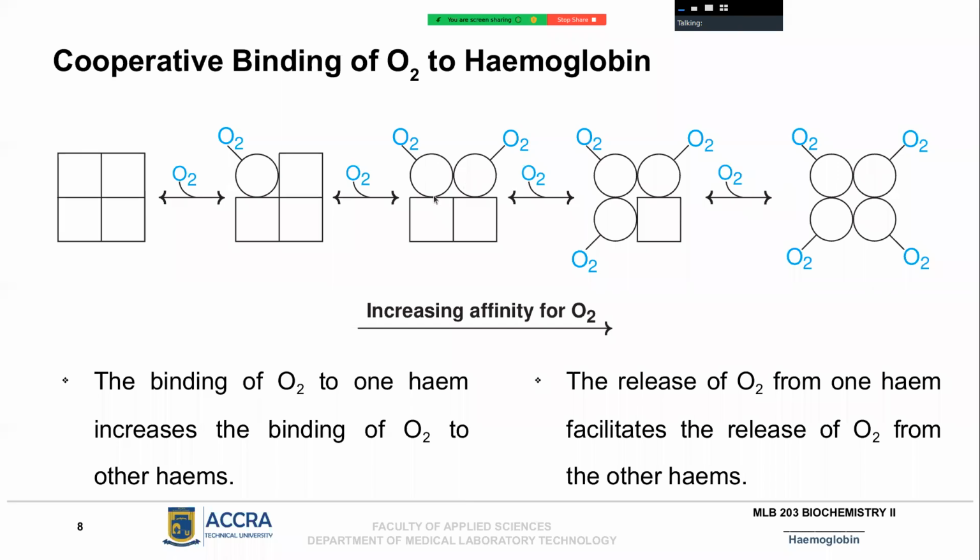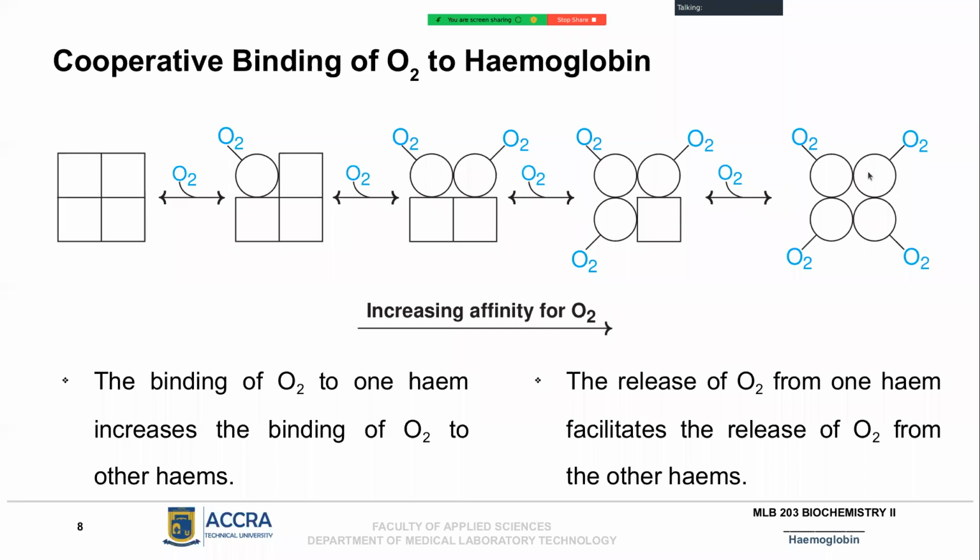So all this process we are describing is happening in the lungs where there is saturated amount of oxygen. Then it goes in for the third. The affinity increases the more, and it goes in for the fourth molecule of oxygen. Now the hemoglobin is saturated.